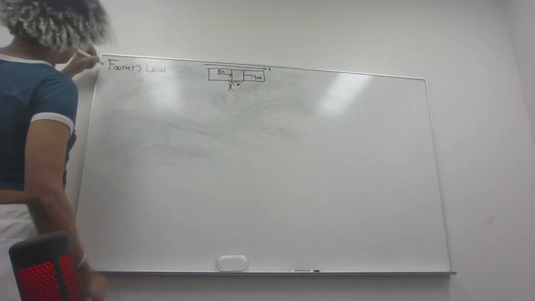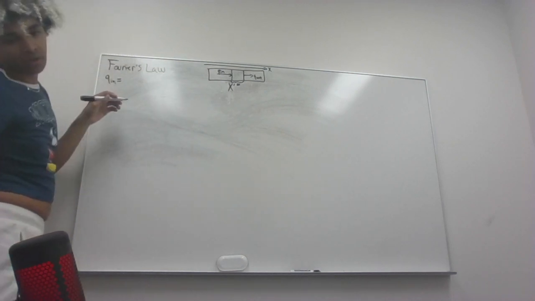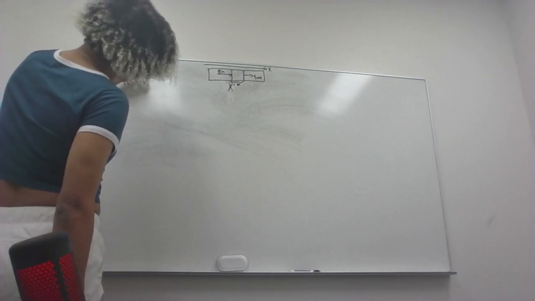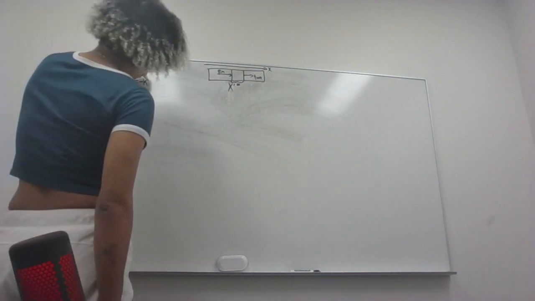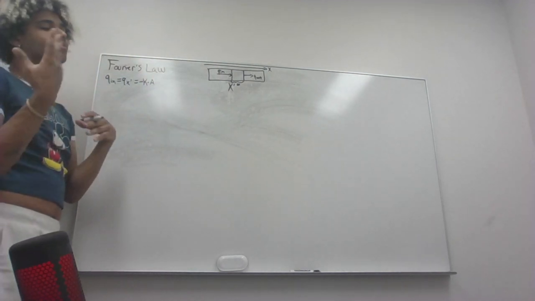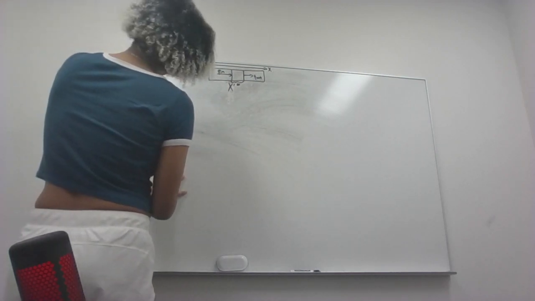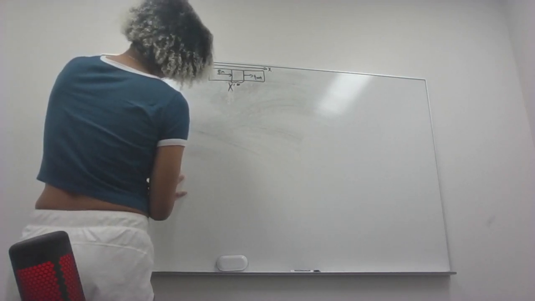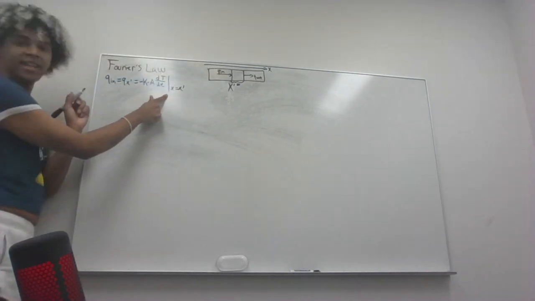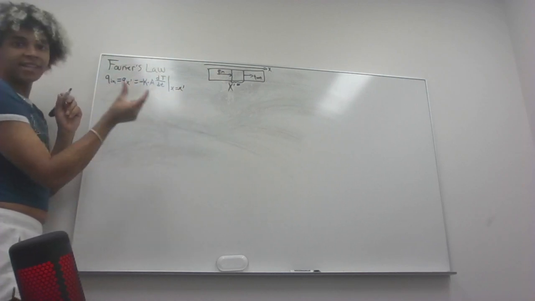Essentially it says that Qn is equal to Qx prime, which is then equal to negative K, that's a constant, times the cross-sectional area of the bar, which is A, times the change in temperature over the change of position, evaluated at x prime. So that's for the heat flux going in at that section of the bar.